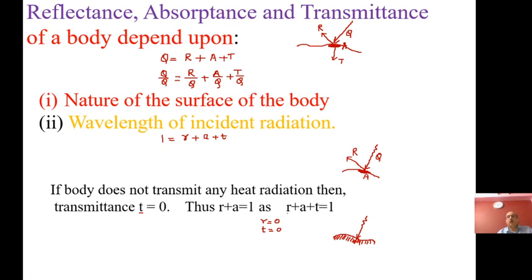From the equation R plus A plus T, that is the sum of reflectance, absorptance, and transmittance, it is equal to 1. So what we will get here, we will get A is equal to 1.